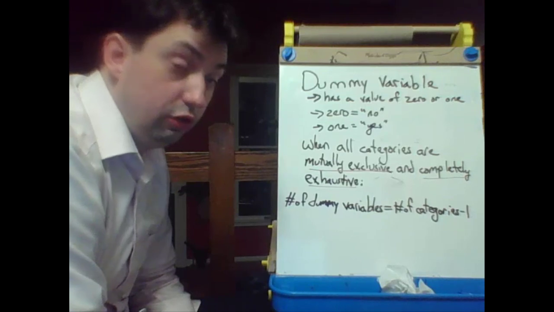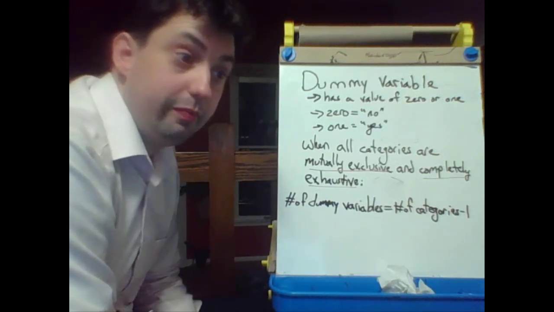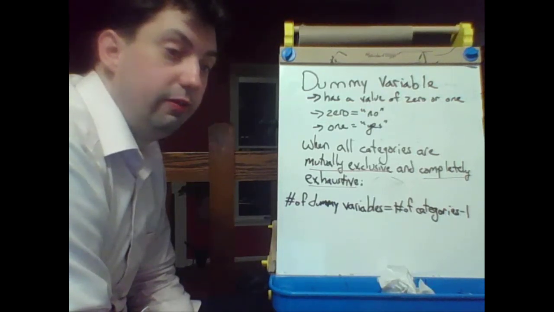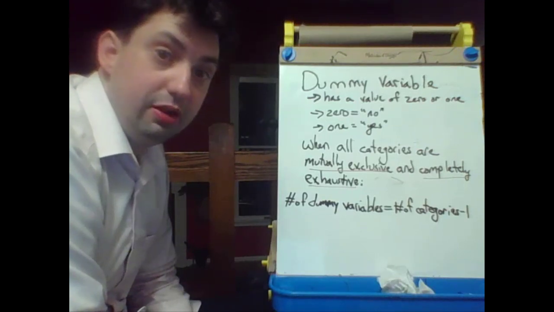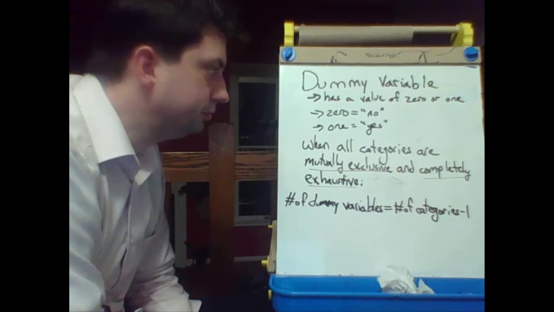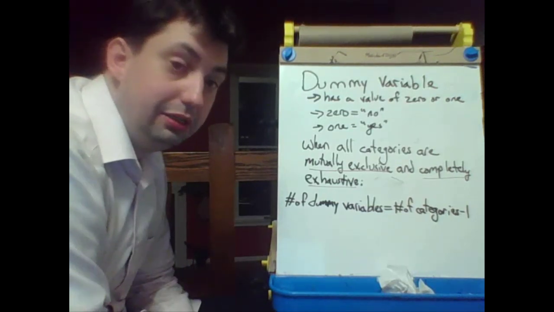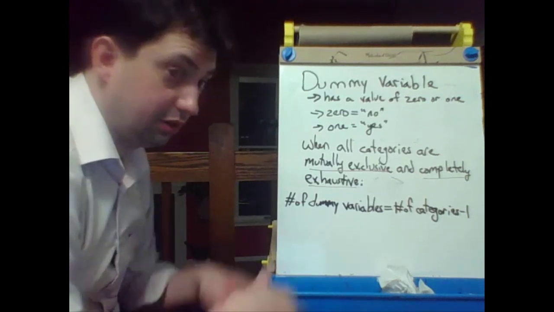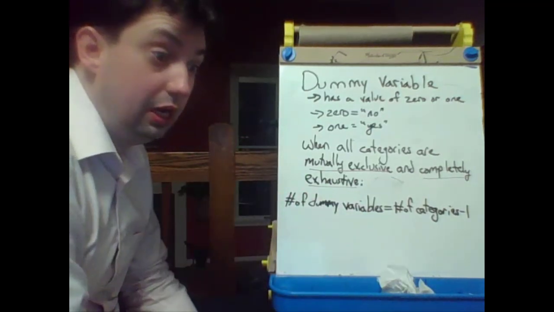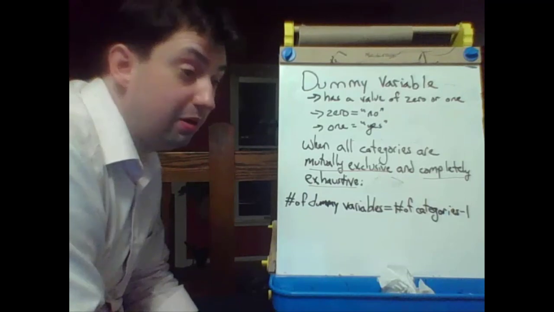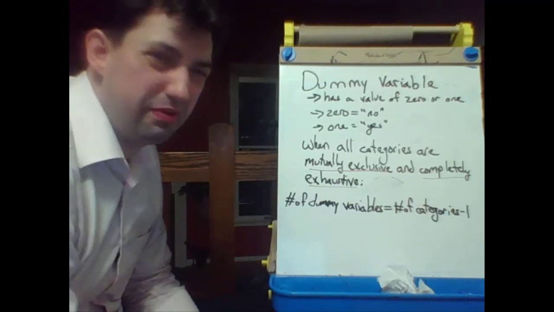If we were to do the number of colors, well then, since you can only have one favorite, and since there's only a certain number of colors that people can see, so we can consider all the colors, then we would need the number of colors minus 1 for that series of dummy variables.